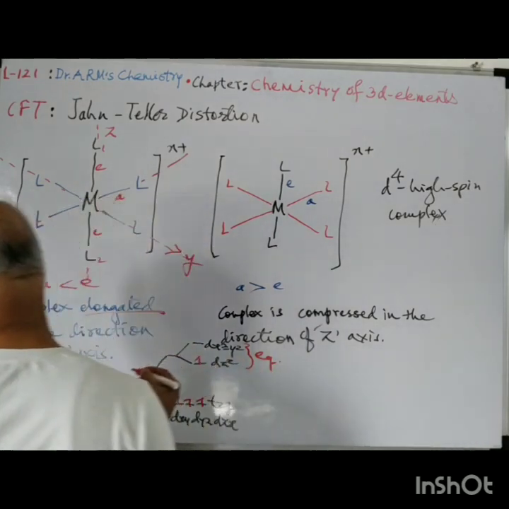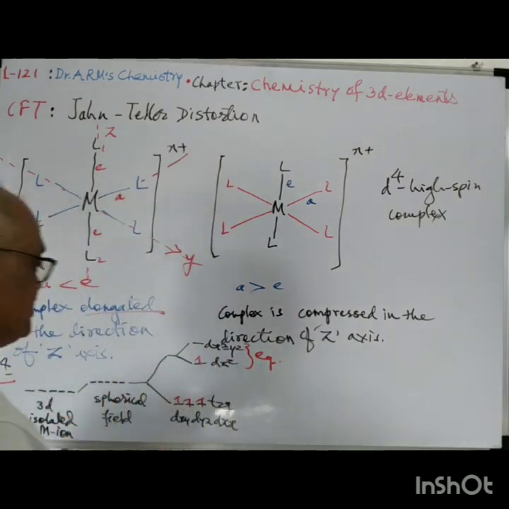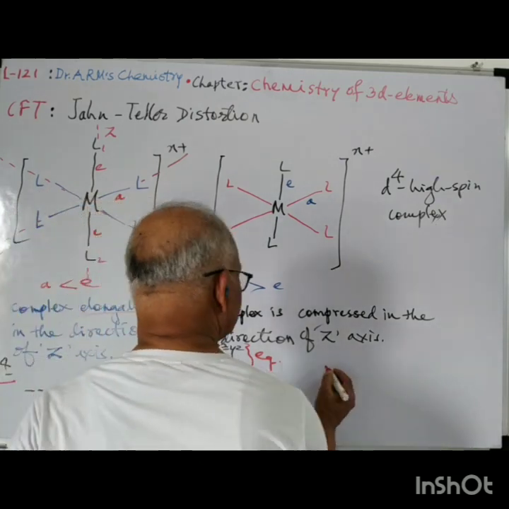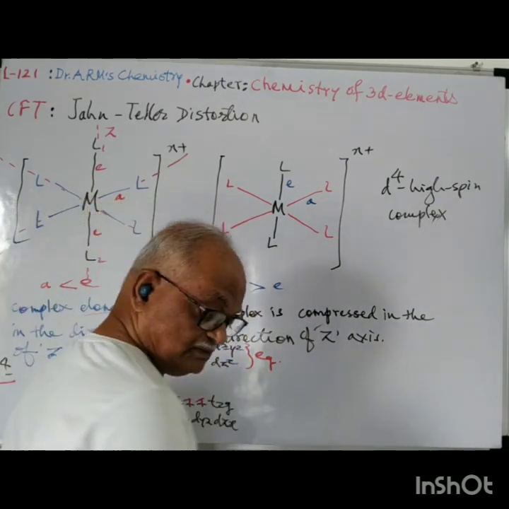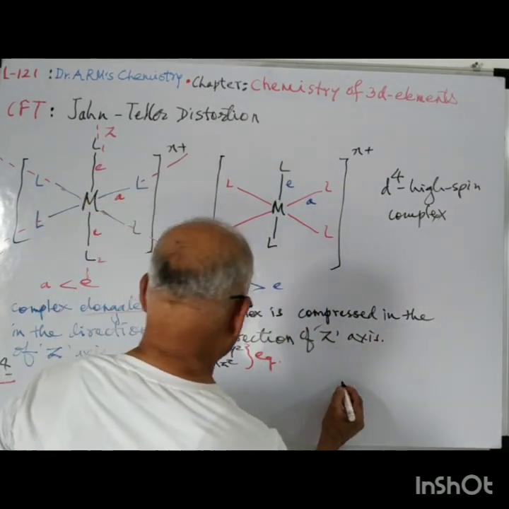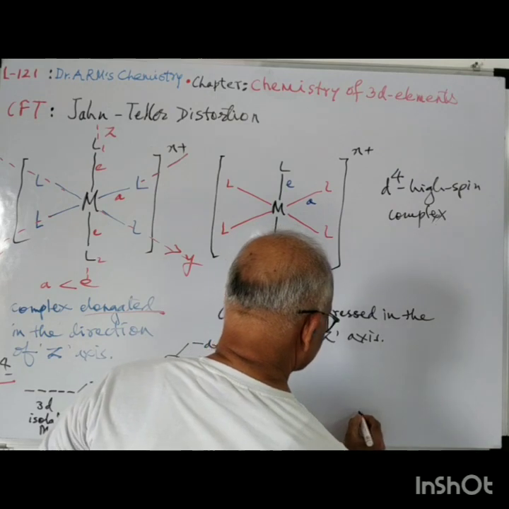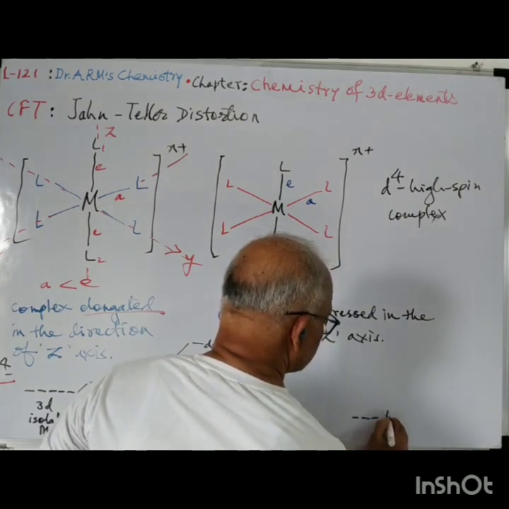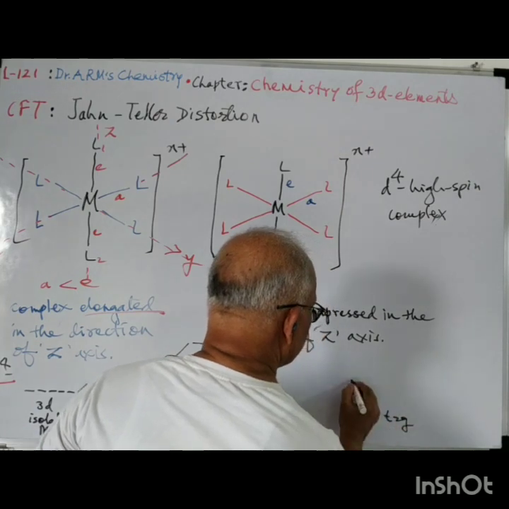In this case, you will find that the orbitals which are present here will show only this portion. That is the t2g orbitals.